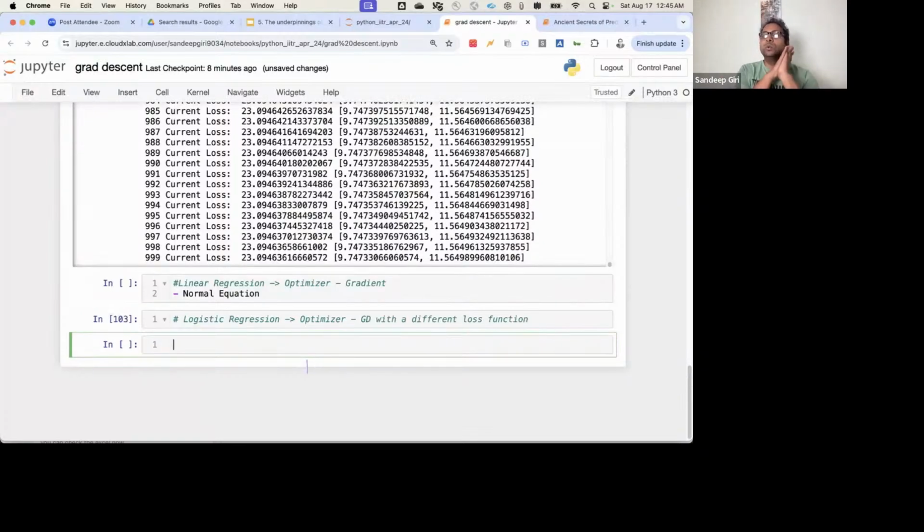In the case of, let's say, a neural network, we will again use gradient descent as the optimizer. In this case, we'll have lots and lots of weights, M1, M2, M3, M4, hundreds of them.